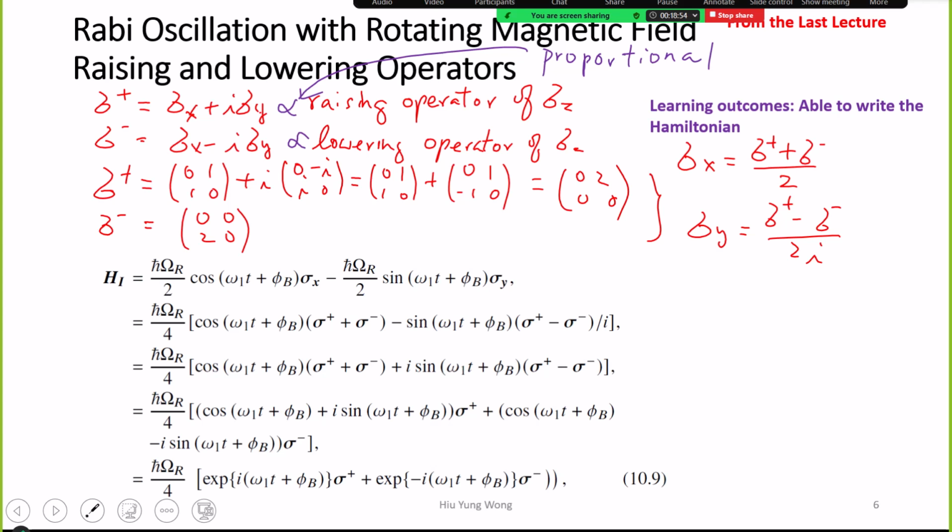Here is the confusing part: the raising operator is proportional to raising from one state to another state where the state has a higher eigenvalue. So raise from the state of eigenvalue -1 to eigenvalue +1 in this definition. That's what raising and lowering means. Or on the other hand, you can think of it as changing from spin up to spin down and spin down to spin up.